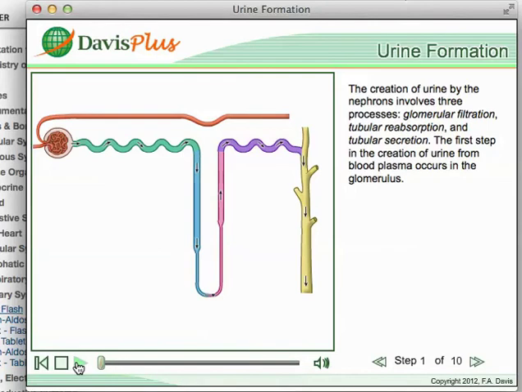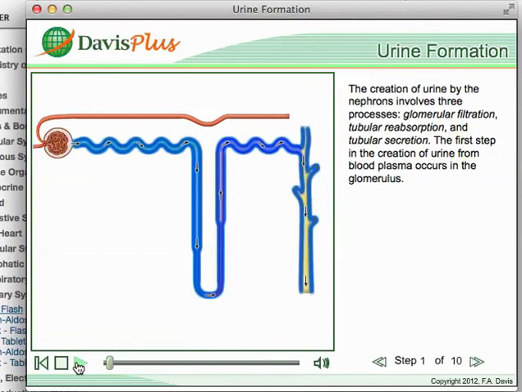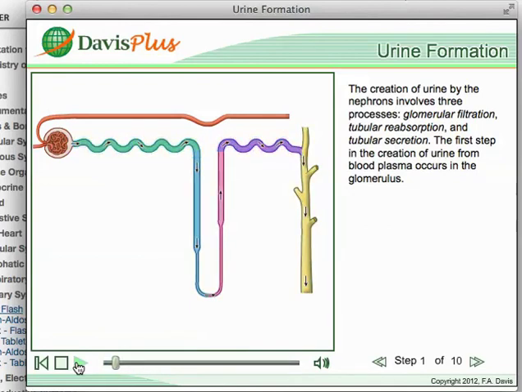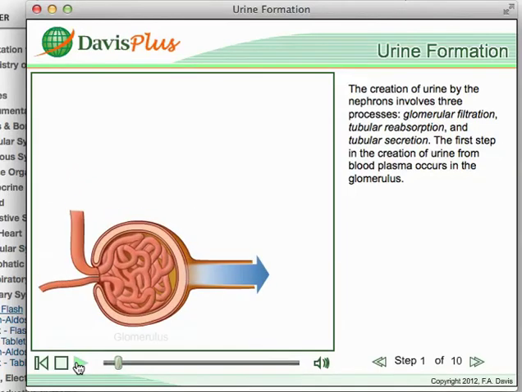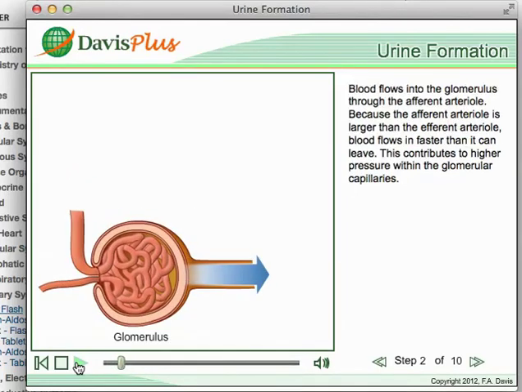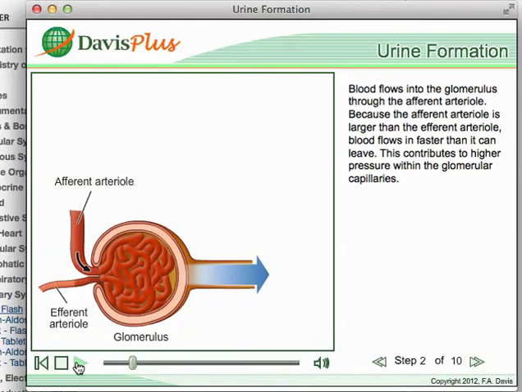The creation of urine by the nephrons involves three processes: glomerular filtration, tubular reabsorption, and tubular secretion. The first step in the creation of urine from blood plasma occurs in the glomerulus. Blood flows into the glomerulus through the afferent arteriole. Because the afferent arteriole is larger than the efferent arteriole, blood flows in faster than it can leave.